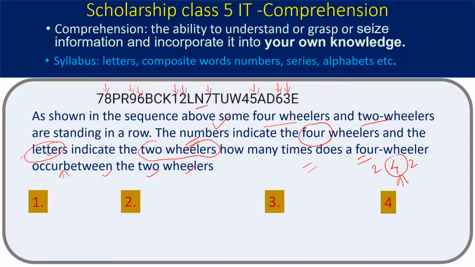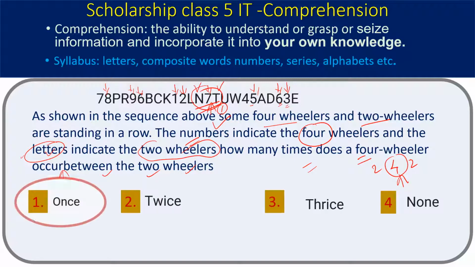This is a letter, this is a letter, this is a number. So letter means two-wheelers. So there is one case here, not here, not here, not here. So only one time it occurs. That is here. Here it occurs. So we will write the answer once.